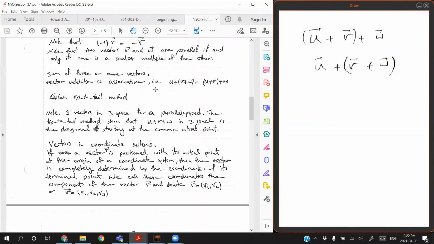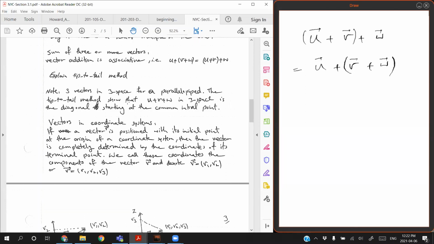It doesn't matter which two you associate first. So this is called the associative property. These two are the same. And we talked about the tip to tail method. Okay, next note.